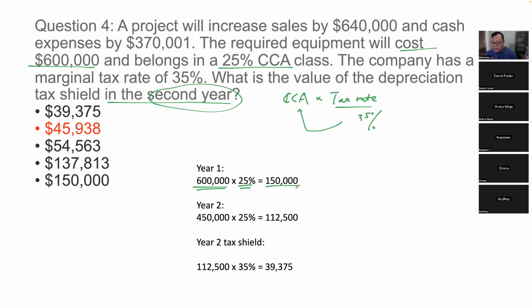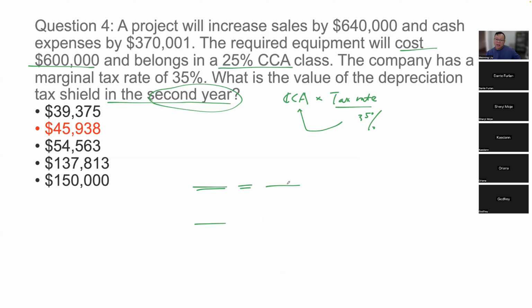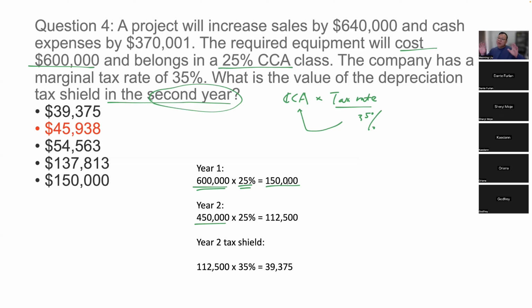And year two, you already recognized $150,000 CCA. So for year two, the starting point will be the difference, 600 minus 150, because that's the part you already recognized. So your cost base is actually lower. 600,000 minus 150,000, you have 450,000 times 25%.